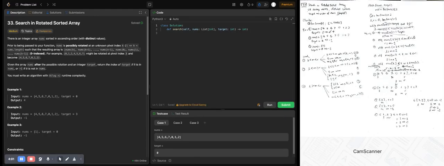So I would like to clarify a few things, for example what is the length of nums.